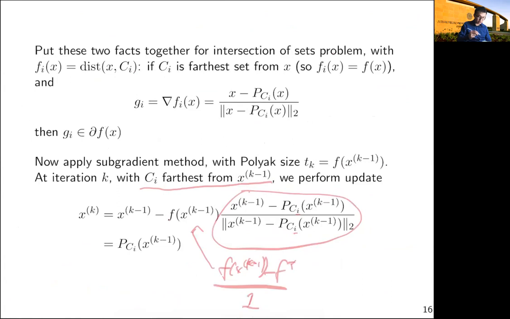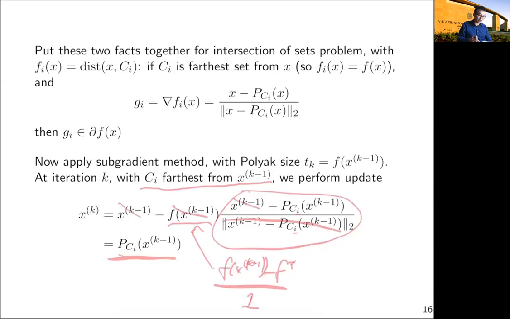We substitute this in the learning rate, and what is f(x_{k-1})? By definition, it is the distance of x_{k-1} to the farthest convex set among C_1 to C_m. But that's exactly the same as the denominator, so these two cancel out. So all we are left with is the projection of x_{k-1} onto the convex set that is farthest away from the parent iterate.